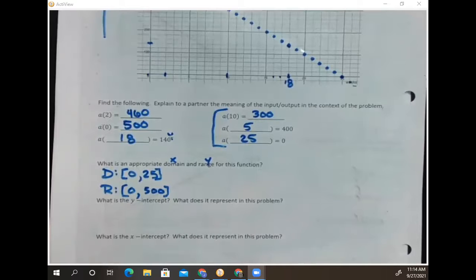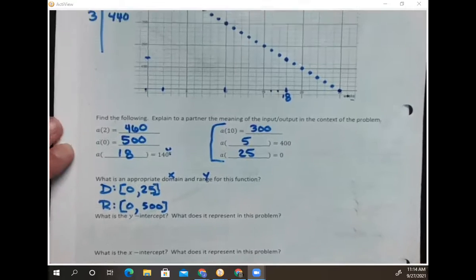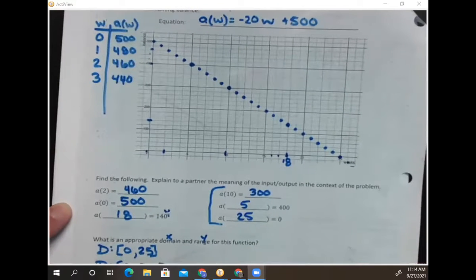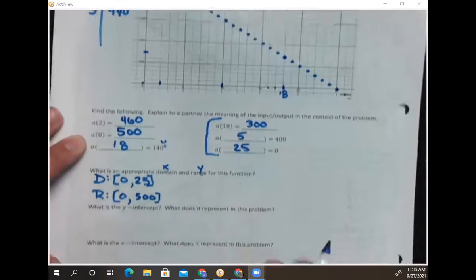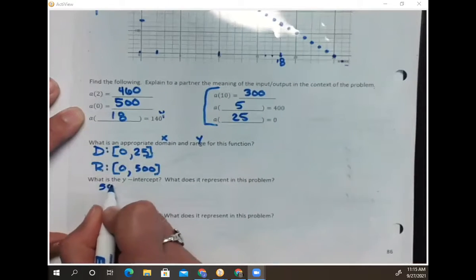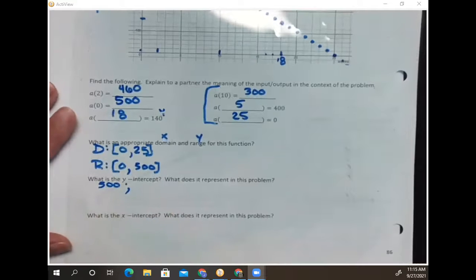And then I've got a couple questions about x and y intercepts. So we've seen and talked about x and y intercepts before. What's the y-intercept for this function? Yeah, y-intercept is where I cross the y-axis. That's at 500. So our y-intercept is 500. What does that mean in the context of our problem?